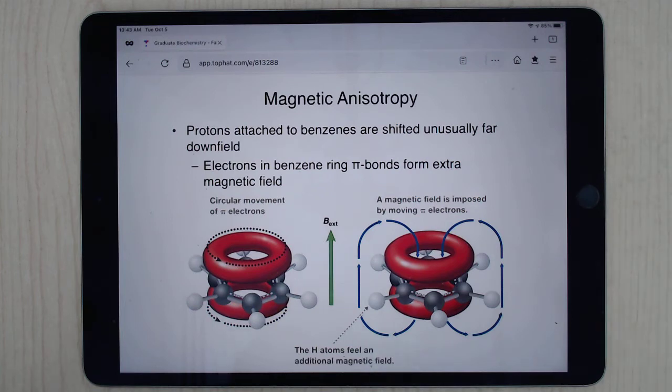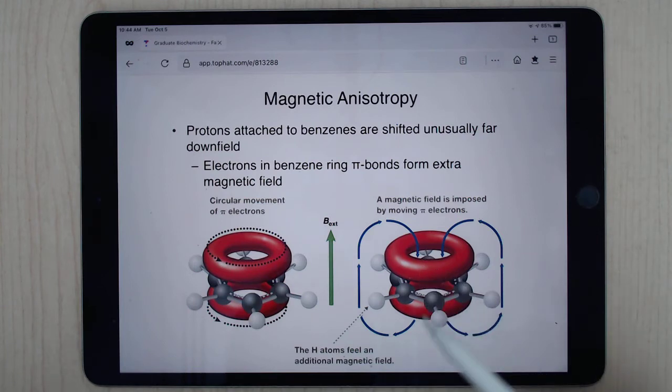The reason for that is, remember with a benzene you've got this electron cloud, and the p orbitals are sort of smeared all the way around. That means the electrons can whirl around, and anytime you have an electron or a charge moving in space, you create a magnetic field.